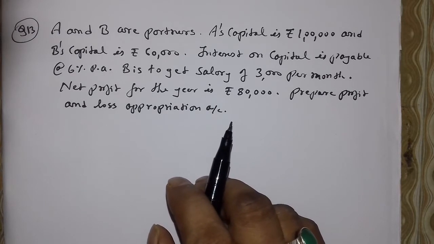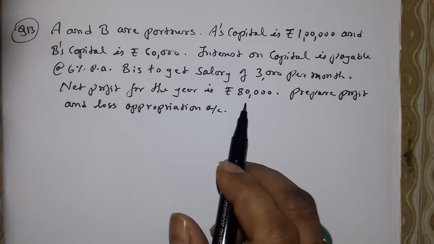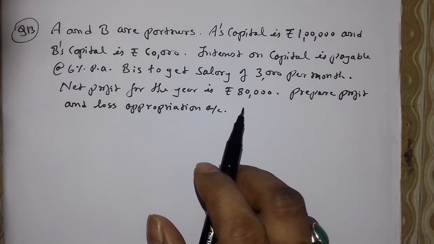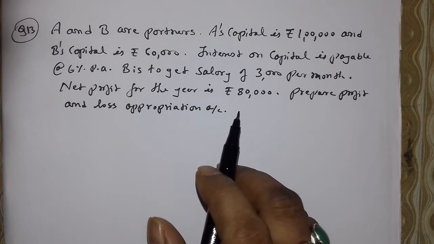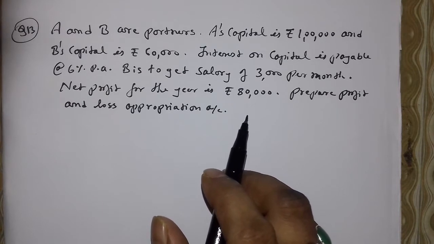Then out of this profit, the firm has to give salary to the partner, interest on capital to the partner, commission to the partner, whatever is given, it is to be distributed among the partners, and the remaining profit is to be distributed among the partners.